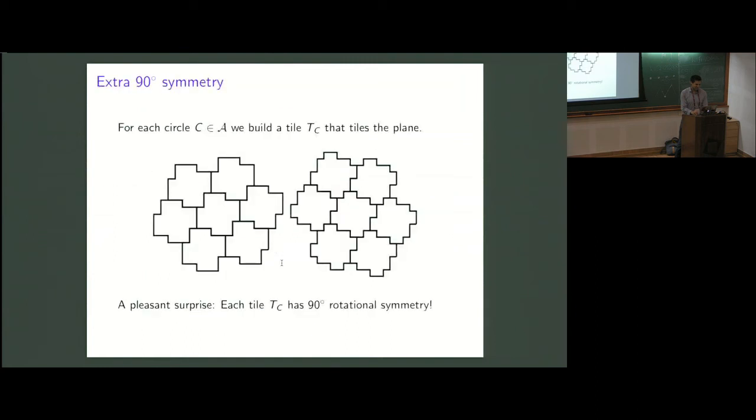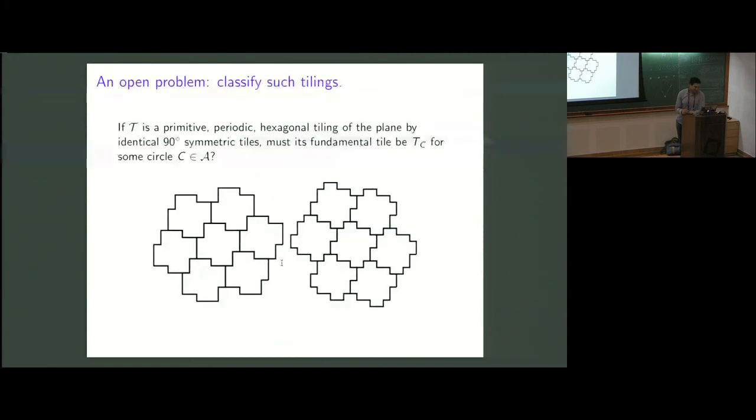And then one extra surprising thing that happens when you do this recursive construction is that the construction is 180 degrees symmetric, so it's obvious that the tiles themselves will have that symmetry, but they turn out to have 90-degree rotational symmetry as well, even though the construction doesn't. So the one thing you get out of this construction is a family of primitive periodic hexagonal tilings of the plane by identical 90-degree symmetric tiles.